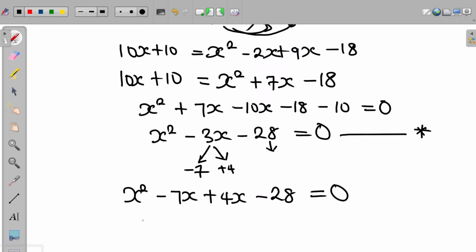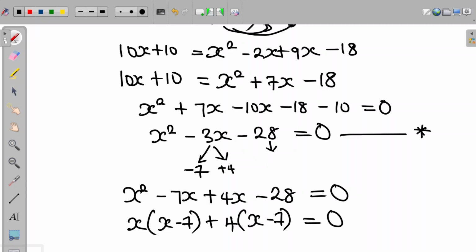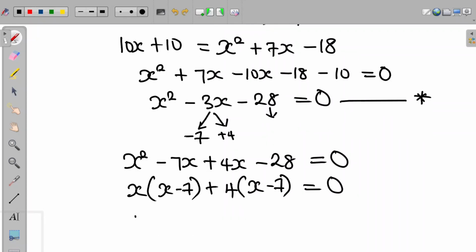Now at this point, we have that x, open your bracket, x - 7, plus 4, open your bracket, x - 7 is equal to 0. And if we factorize, we have that (x + 4) multiplied by (x - 7) is equal to 0.